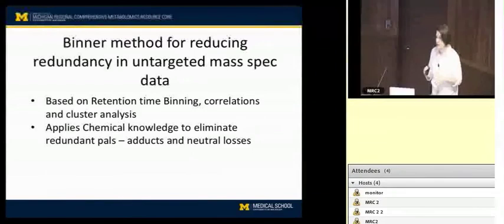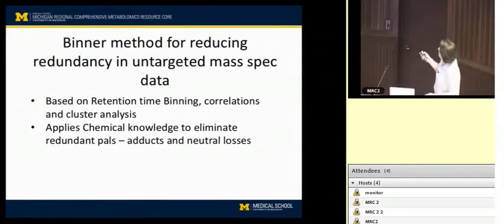In theory they do, because they look at peak shape and retention time, but we think that we have a more unique way of doing that, and I'll explain how. It's basically based on retention time binning, which is easier to see in the next slide than it is to explain. But it also applies chemical knowledge to eliminate redundant peaks, not fails, and I'll explain what that means.